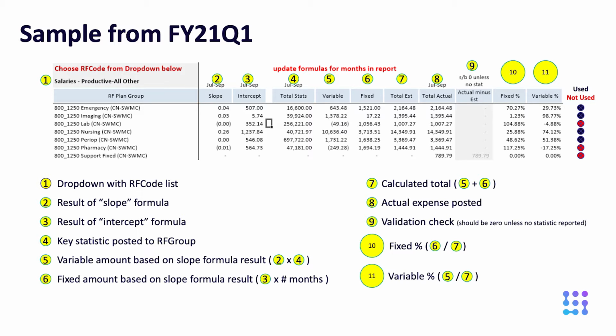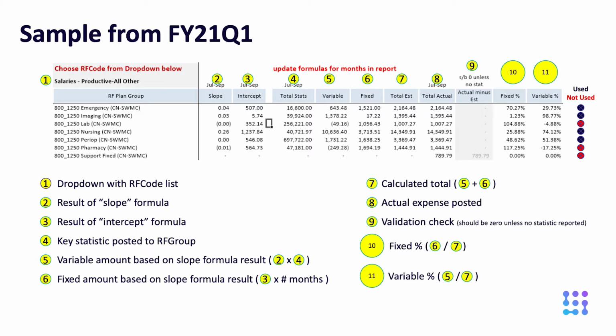So for this particular hospital in our Columbia network, you can see that the emergency department has a slope result of 0.04, which, for the variable component, you multiply by the statistic reported, and it tells you what the variable component of those expenses are.